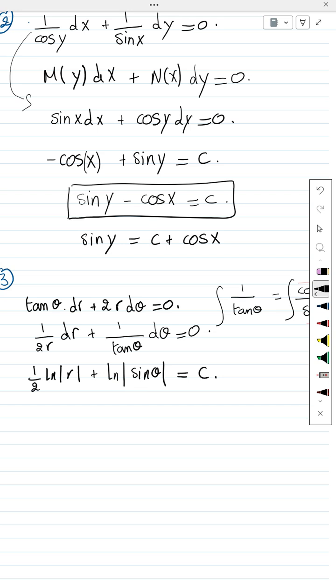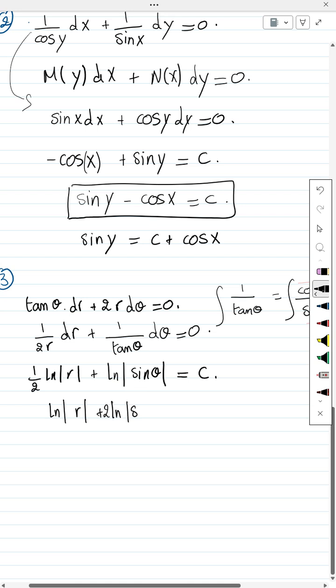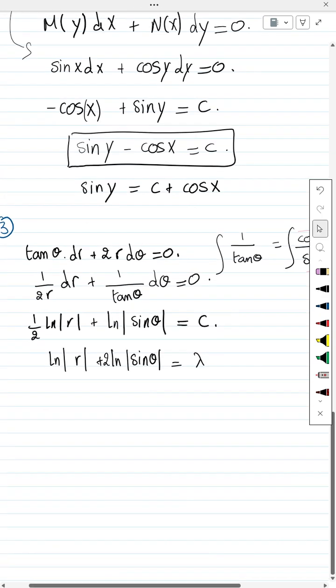We will get ln absolute value of r plus 2 ln sine theta is equal to 2c. Let's write it as lambda. Right here it's going to be ln the absolute value of r times sine square theta is equal to lambda.